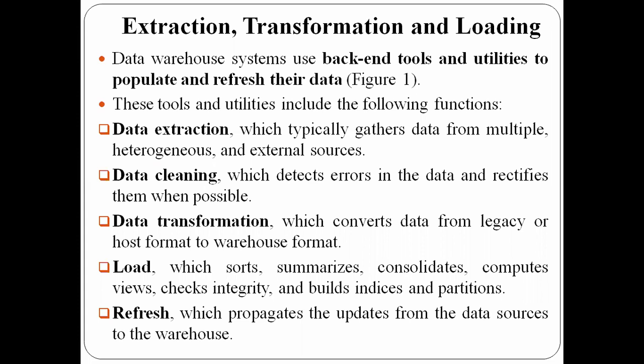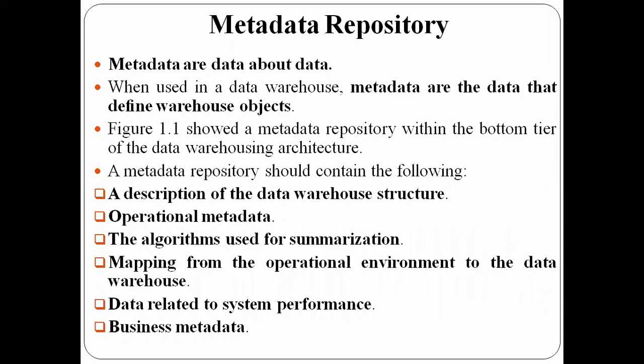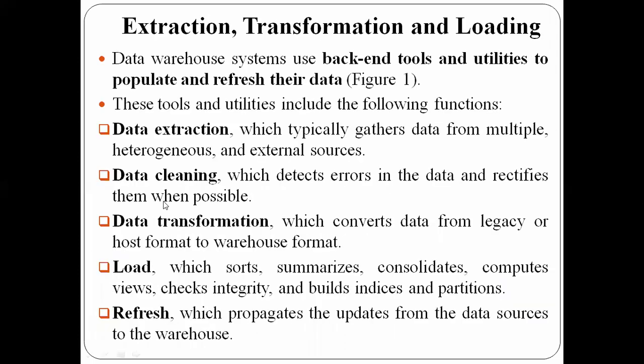The process of removing those errors and anomalies and rectifying the data is called data cleaning. If it is possible, we try to rectify them. For example, if you have missing values, in place of the missing values we can include null values, which is a rectification here. That process is called data cleaning. So this is the second operation.